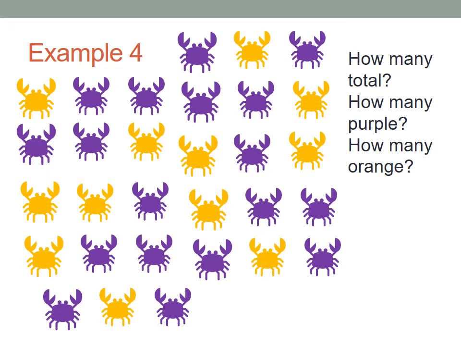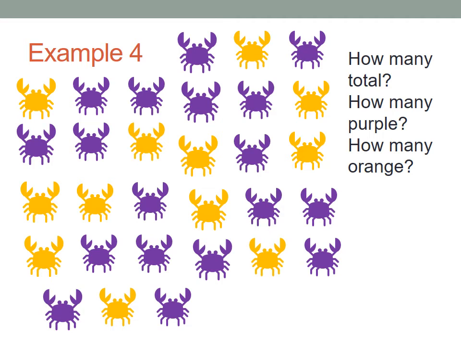Now we're moving on to example 4. Examples 4 and 5 are very similar to example 1, but we're going to see if you can do the math again when we change things up on you. So how many total crabs, how many purple, and how many orange? It may look yellow on your screen, but on mine it's orange. So I'm going to let you do the counting.